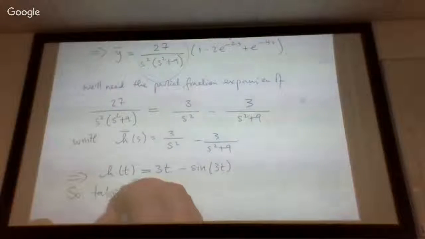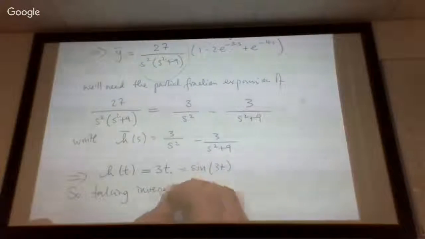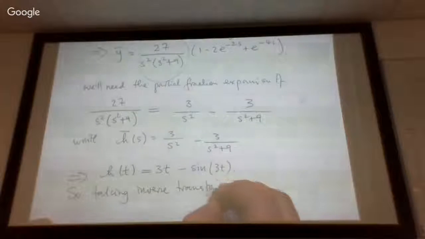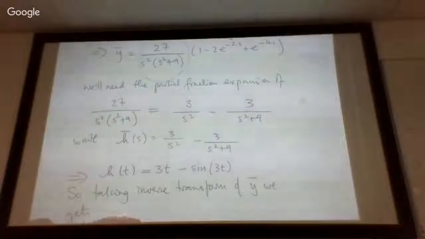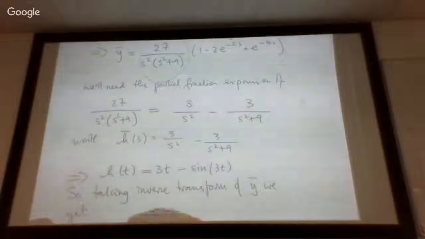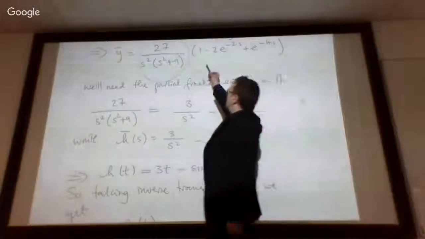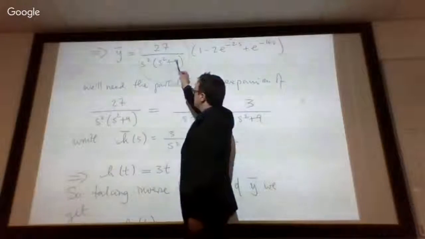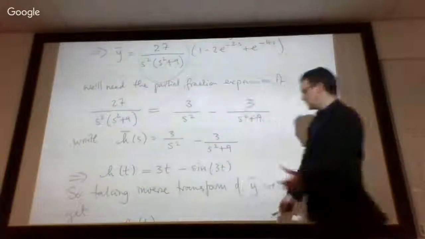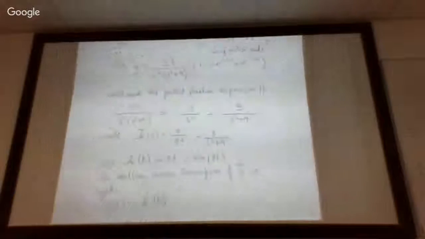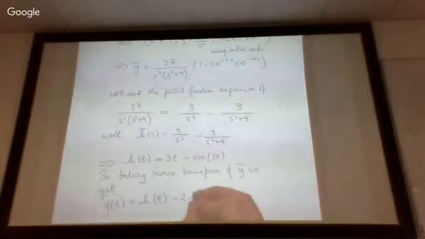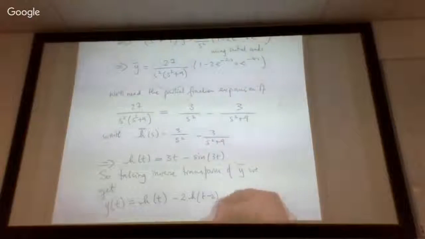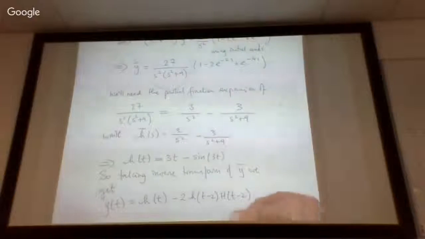So taking the inverse transform of y bar now, we get y of t equal to h of t. The first term is just the constant 1 times h bar of s, so you take the inverse transform and you get h of t. Then we get minus 2 times h evaluated at t minus 2 times the Heaviside of t minus 2.